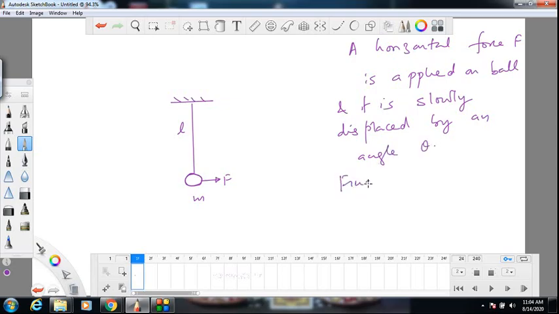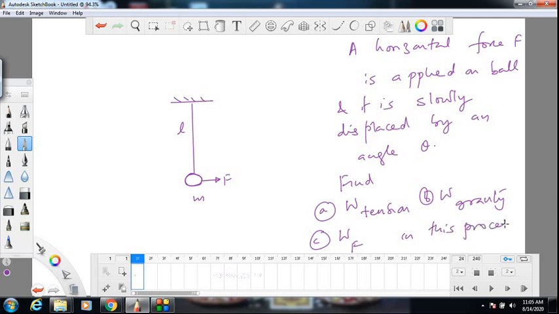Find A, work done by tension, B, work done by gravity, C, work done by F in this process. This is the question.